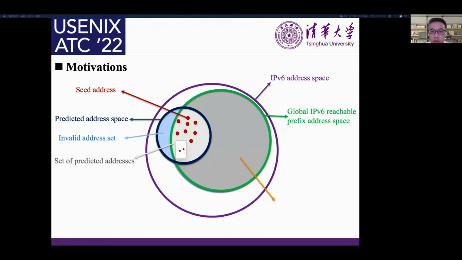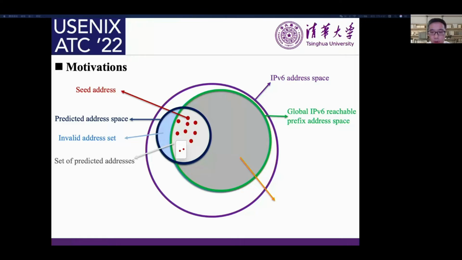The figure shows the range of address detection. The purple circle is the entire IPv6 address space, and the green circle is the global routable prefix address space. The blue circle is the target address space, which contains both routable and non-routable address spaces.